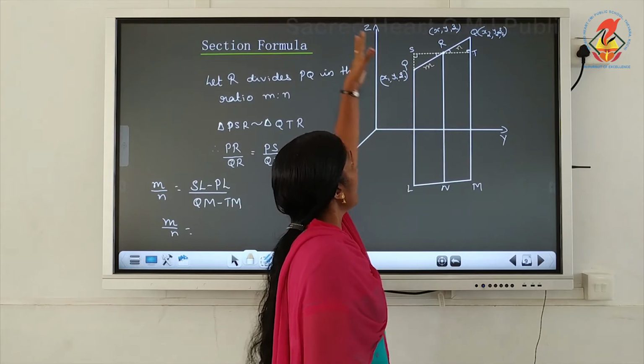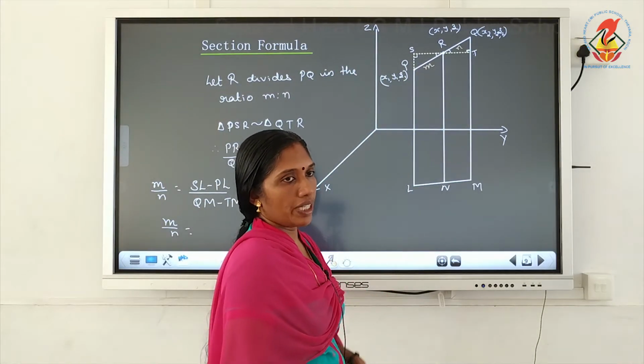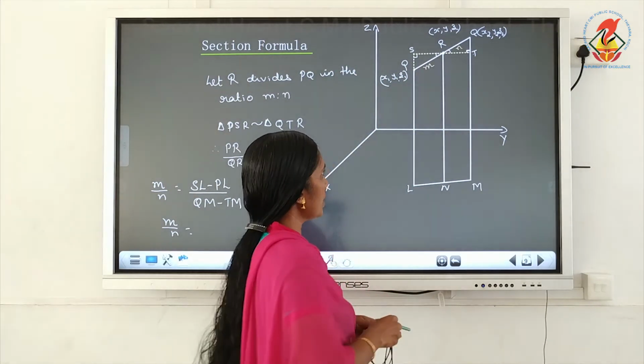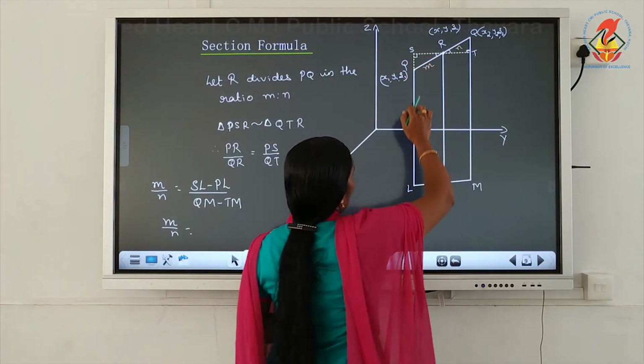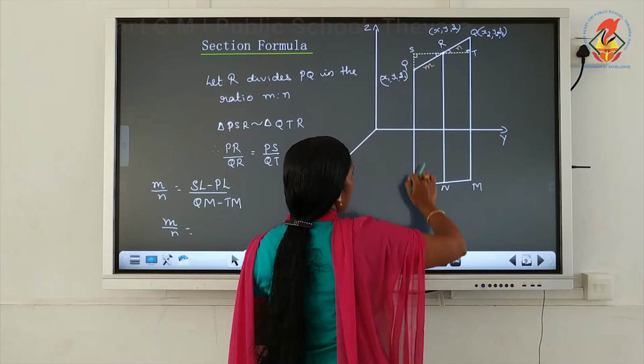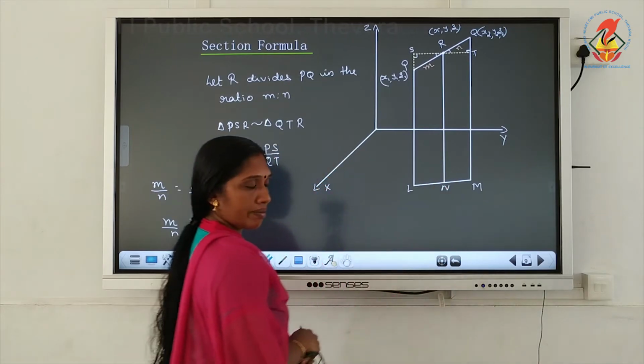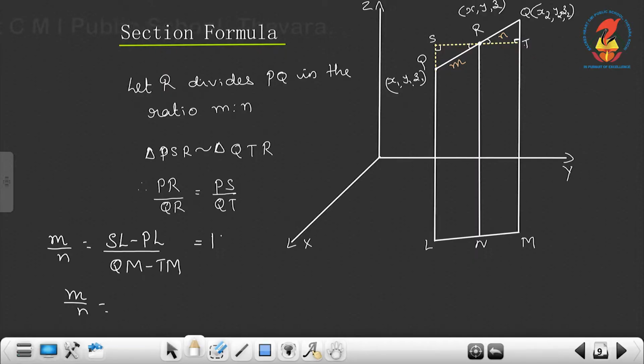These are parallel to the Z axis, so we can express in terms of Z coordinates only. So SL is same as RN. SL is same as RN minus PL. Then QM and TM. TM is same as RN.